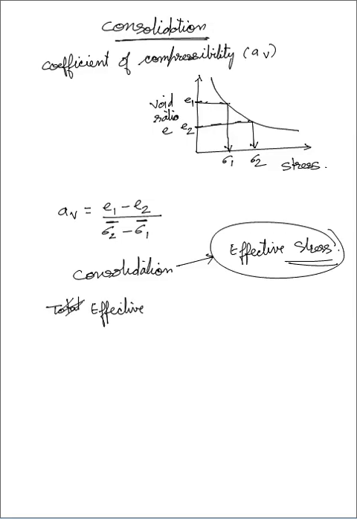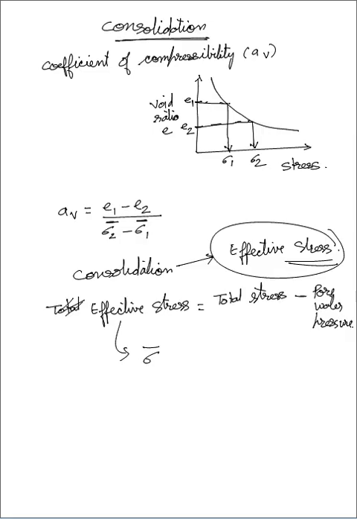Effective stress is equal to total stress minus pore water pressure. So effective stress we are denoting as sigma dash, sigma bar.